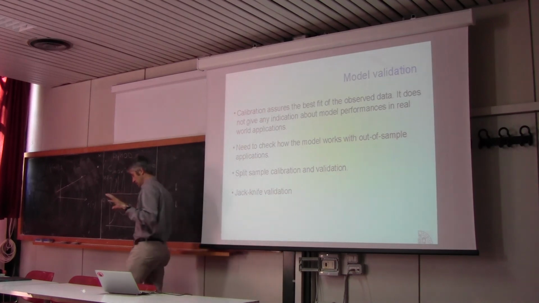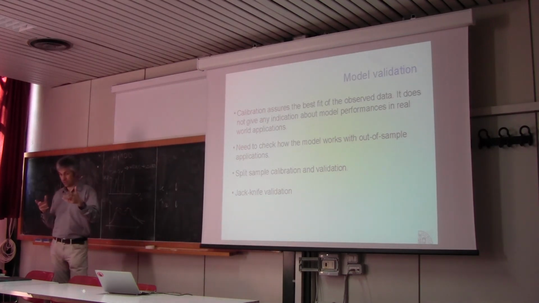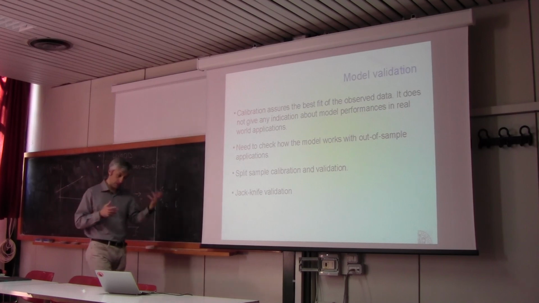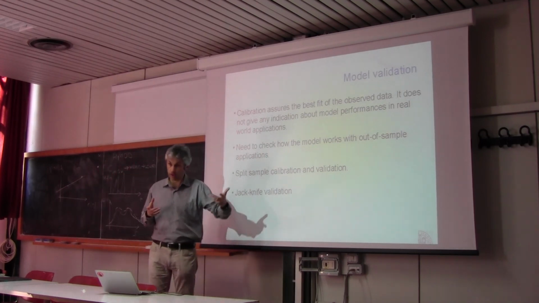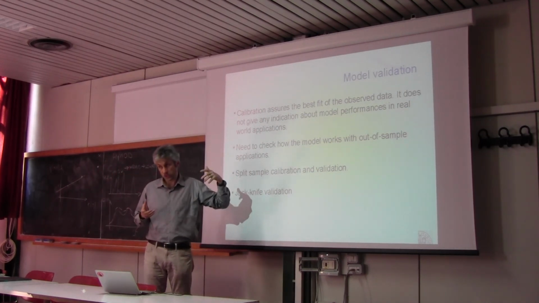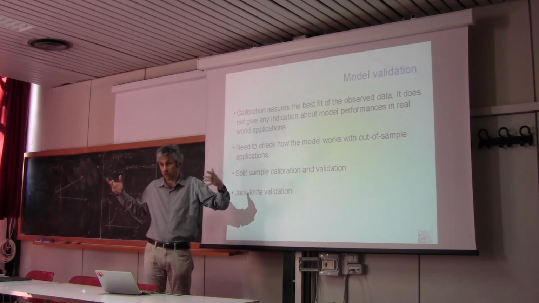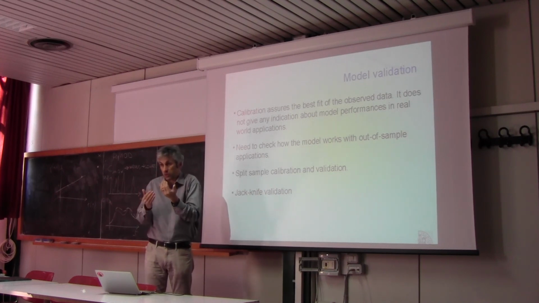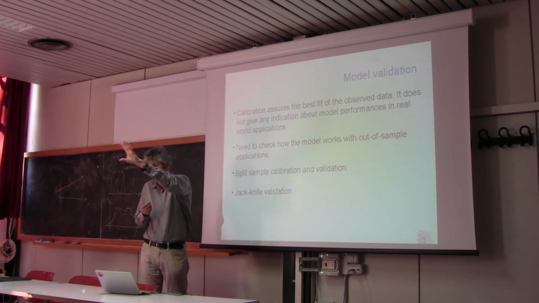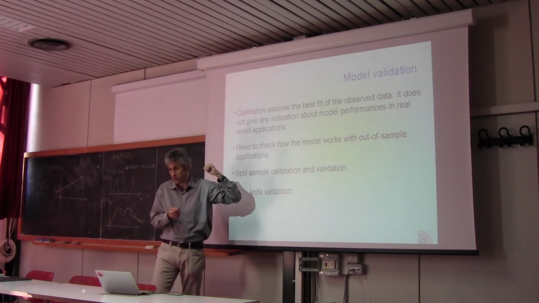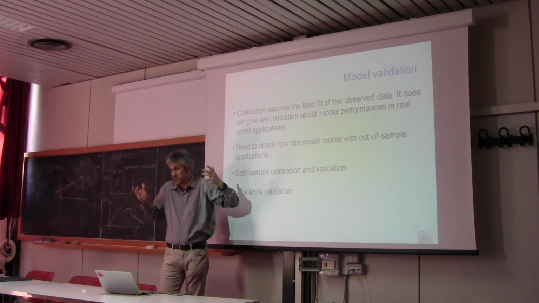So basically, if you want to try to predict a flood that already happened, of course this doesn't make any sense. Prediction by definition is when you try to obtain information on something that is in the future. If you refer to something that already occurred, this doesn't make any sense.